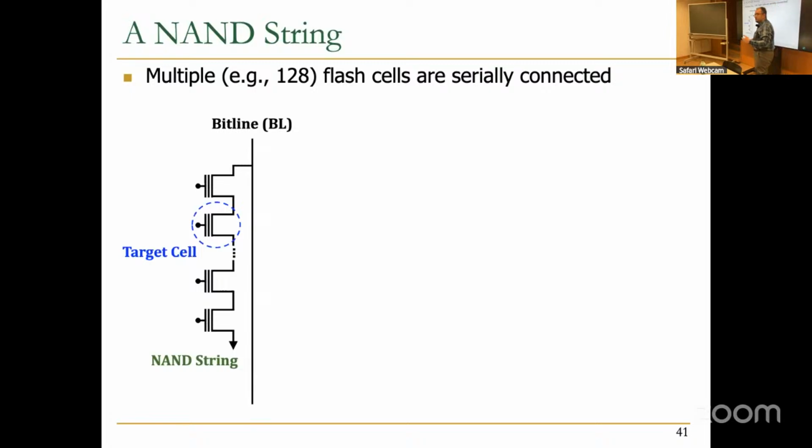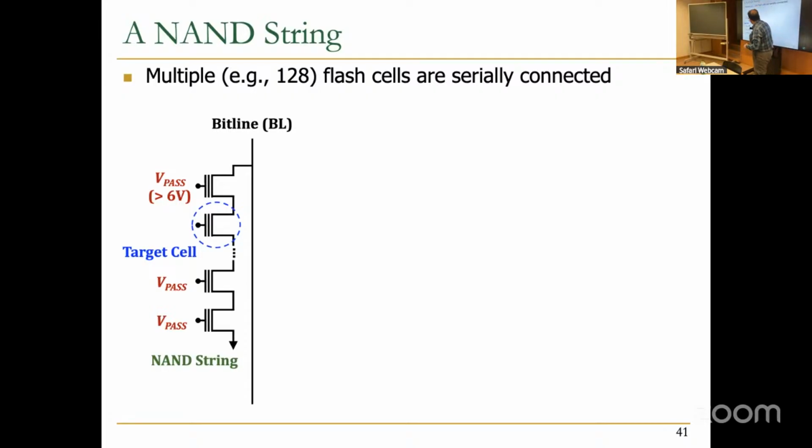Whenever you want to read, for example, you have a target cell, and the other cells are not your target. The way they handle it is they apply a high voltage, which is VPass, and that VPass is high enough to make sure that this flash cell is going to be on, whether or not you have programmed it.